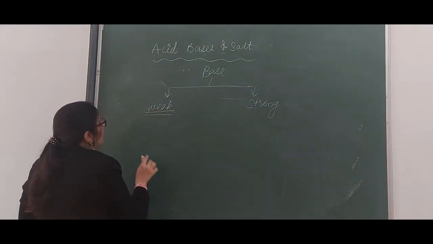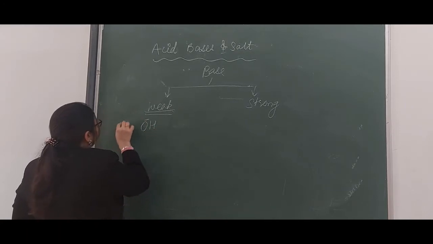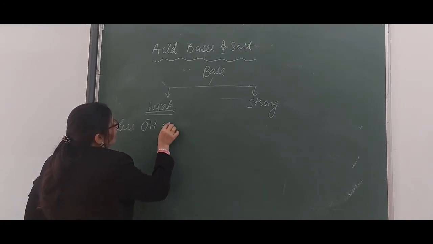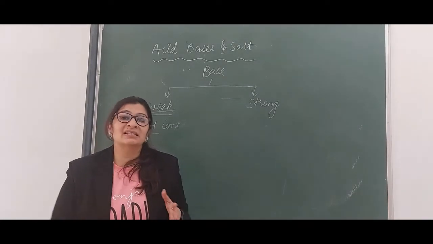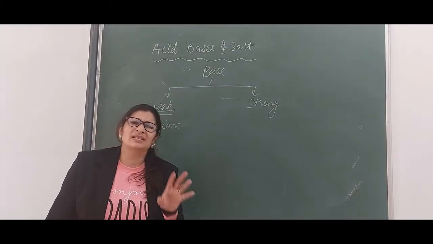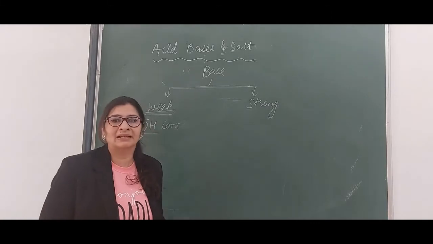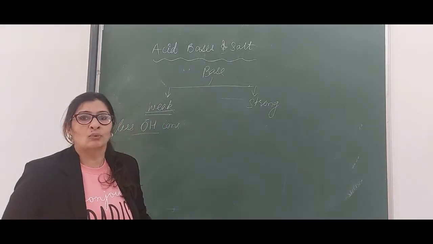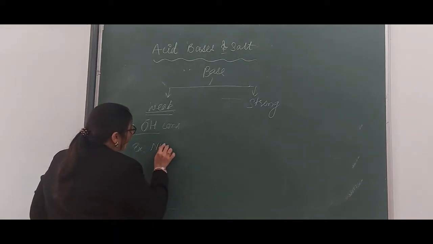Weak base का मतलब है the base which gives less number of OH negative ions. आपने बेस लिया, पानी में उसको डाला, तो less number of OH negative ions अगर आपको मिलते हैं, that is called a weak base. ज्यादा नहीं घुल पाता है, वो ज्यादा dissociate नहीं हो पाता है पानी में. Now for example we have ammonium hydroxide.